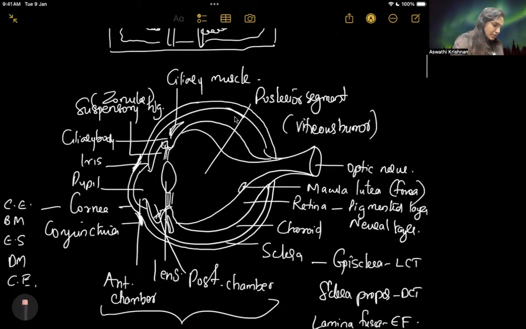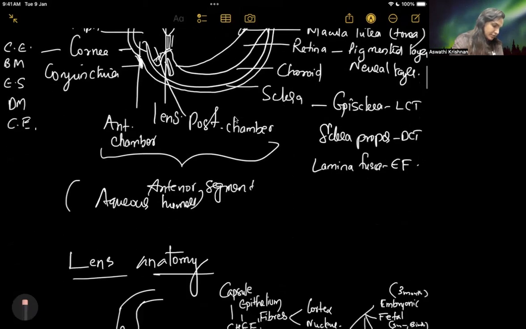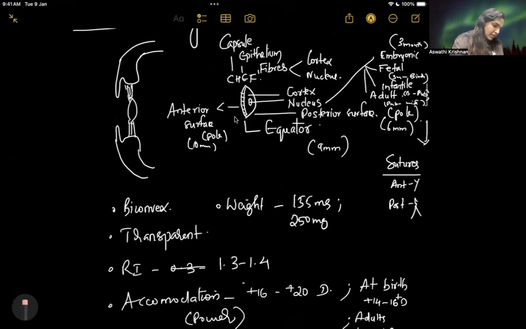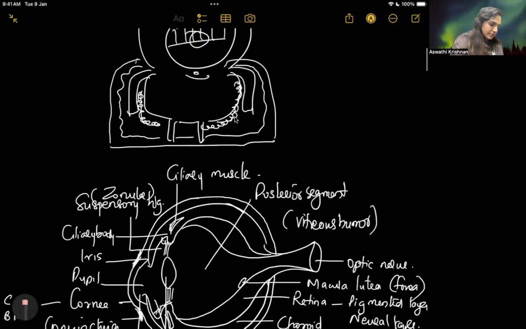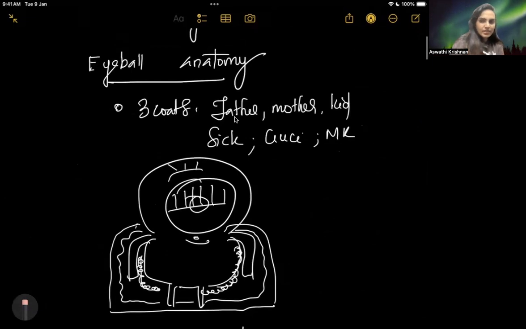So this is just the picture of an eyeball with all the parts labeled. And this is the lens. What this stands for, I will tell you.